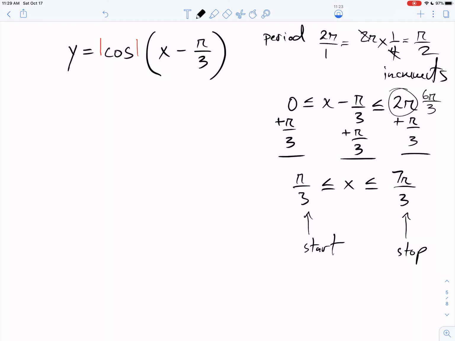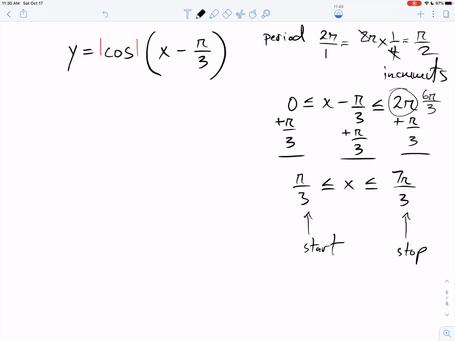See, I am going to start at pi over 3, but then I have to add pi over 2 units. I can't do that easily because they don't have common denominators. So what might be helpful is if we think about it as, well, I could rewrite everything with the same denominator.